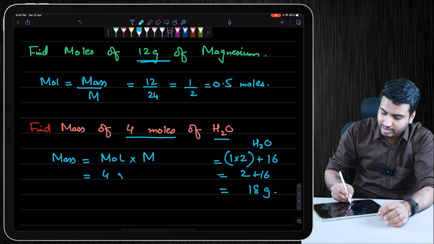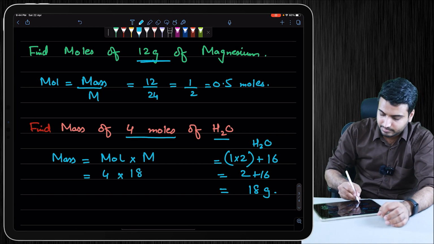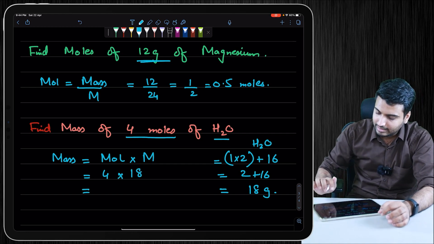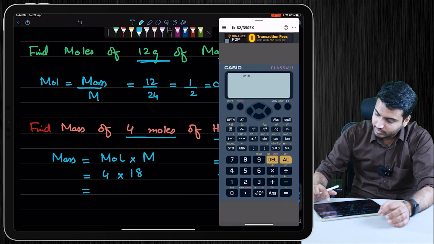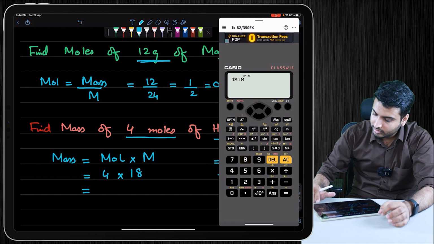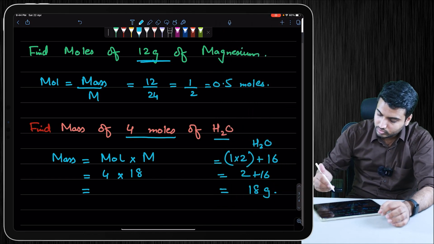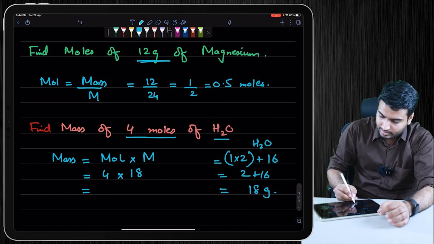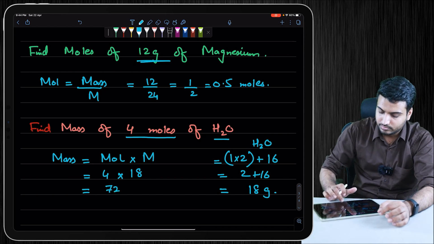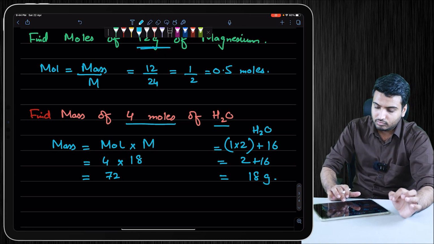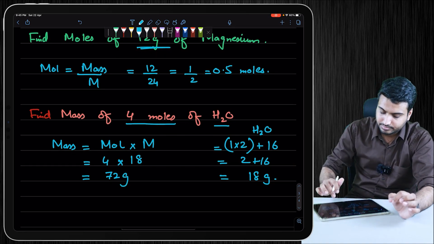So 4 times 18 is 72. So the mass of water is 72 grams.